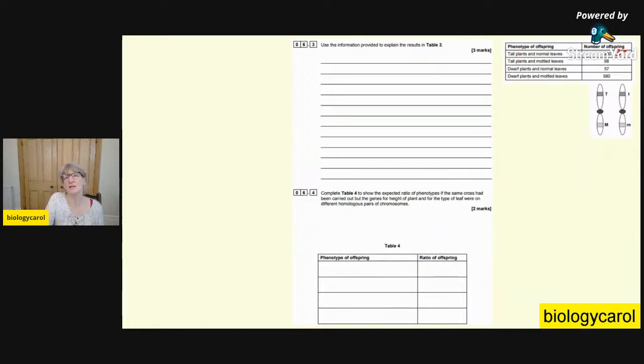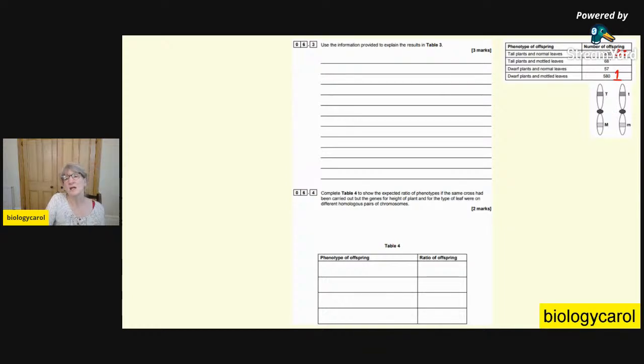I'm looking at this and going, this is a 3-to-1 ratio. And also they show you the position of the dominant and recessive alleles. They are clearly on the same chromosome. So use the information to explain the results. Well, this is autosomal linkage.